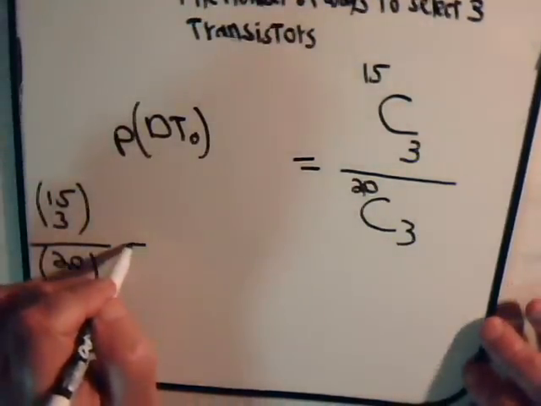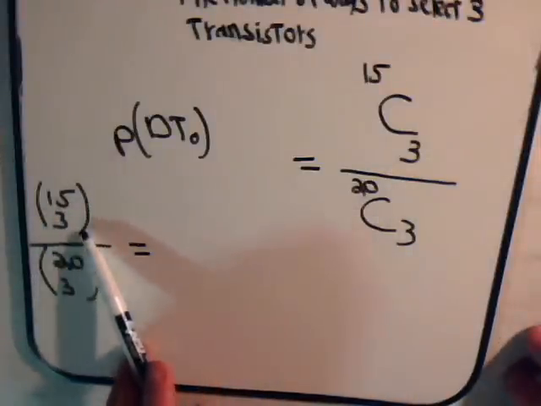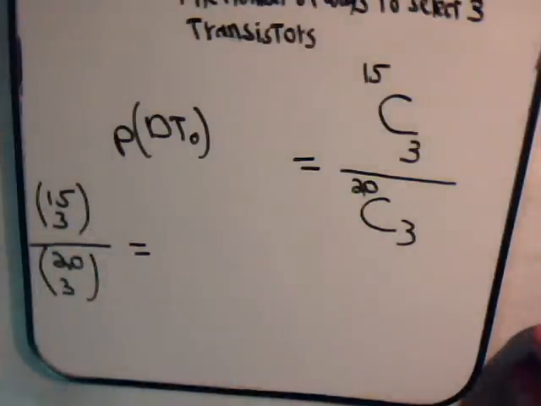So before we do our simple calculation, let's make sure that this makes sense to everybody. This is the total number of ways that when we choose 3 transistors, none of them will be defective. This is the total number of ways of choosing 3 transistors, period. So this ratio here will give us the probability of selecting 3 transistors, none of them being defective.